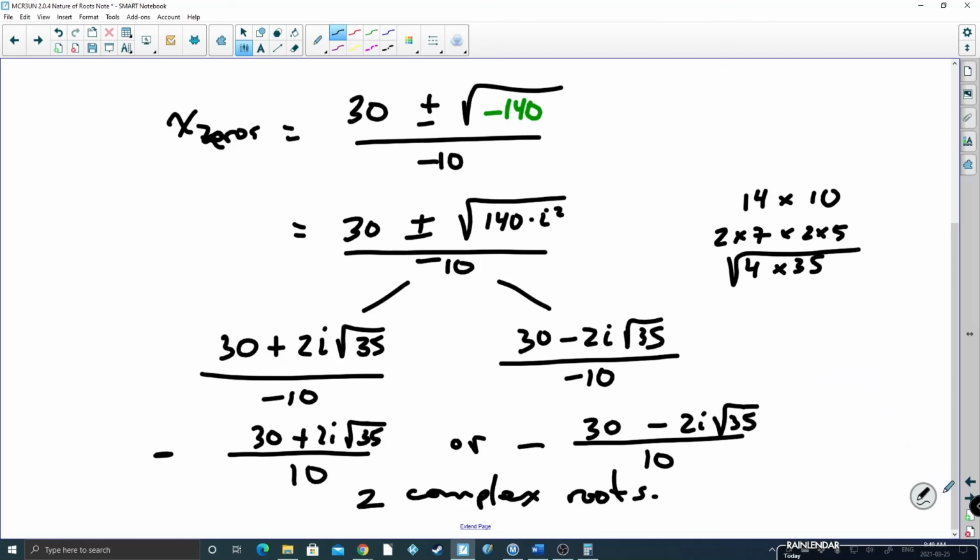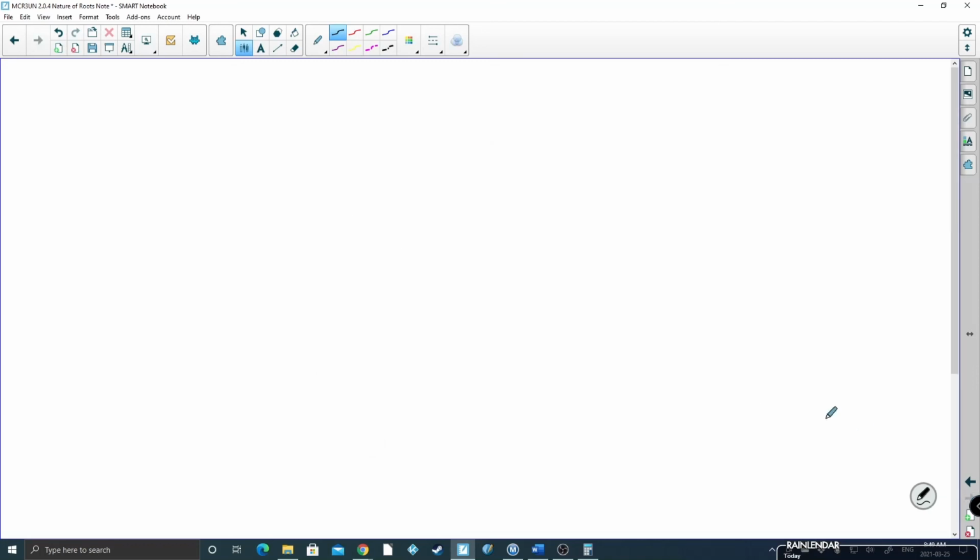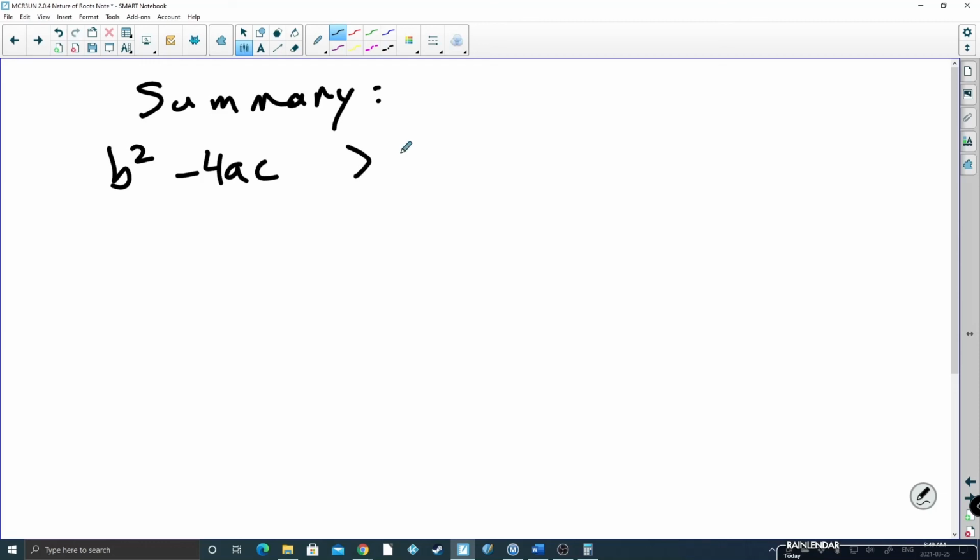So in summary, we have three cases. If b squared minus 4ac is greater than 0, this gives two real roots.